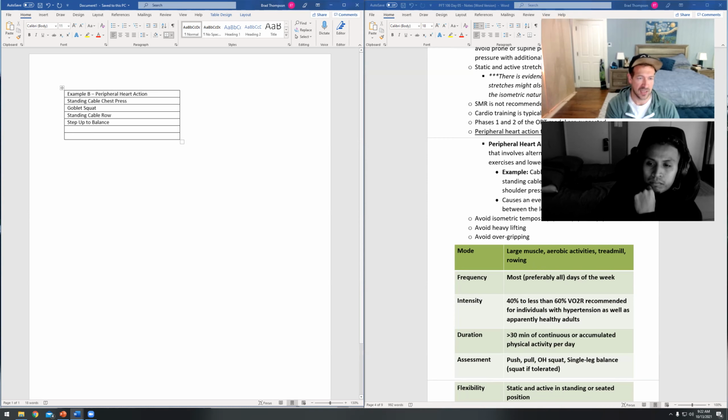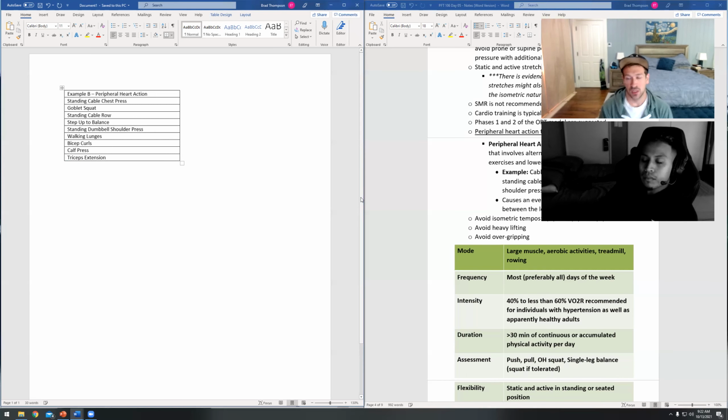Then standing dumbbell shoulder press, and then a walking lunge. Then bicep curls, and then a calf press, and then tricep extension. And there we go, right?